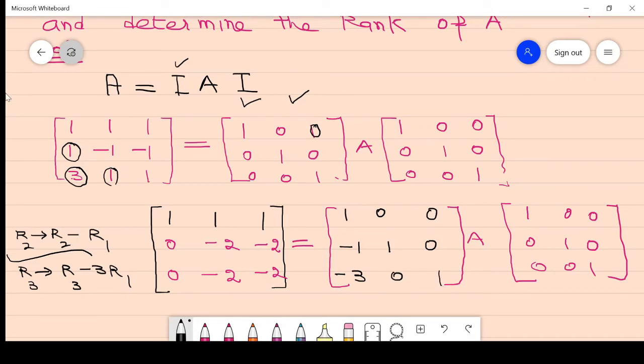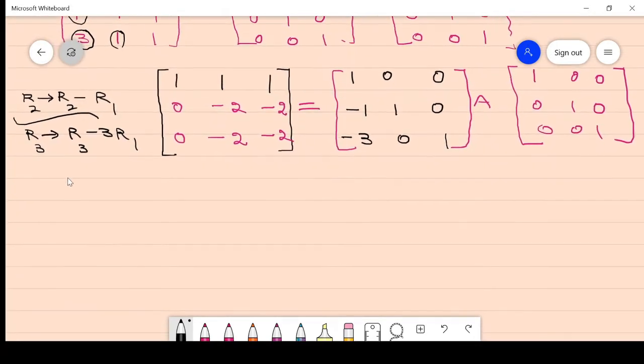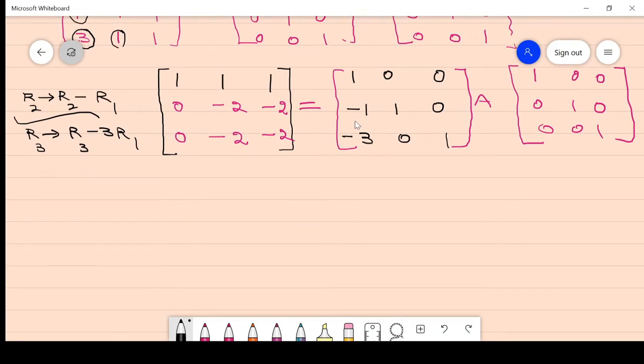So row operation affects the pre-multiplying identity matrix. Now in order to simplify this, we can multiply by -1/2, or we can directly go and make it 0. So just apply R3 minus R2.